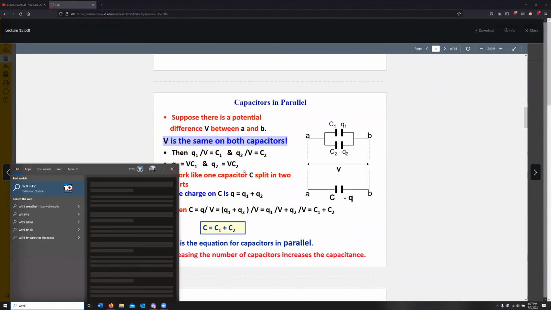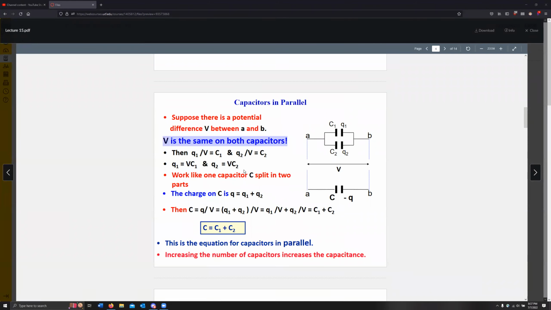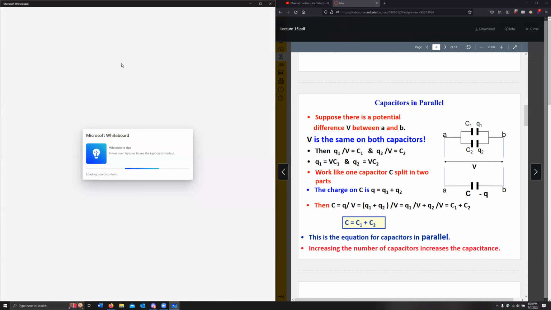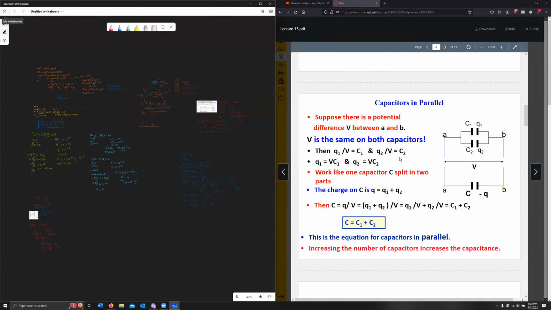Okay, let's get the whiteboard open. I don't understand this picture. When it tells me things like the potential difference V between A and B, and then you give me this drawing, I don't know what you're going for. The only part that makes sense in this slide is C equals C1 plus C2.